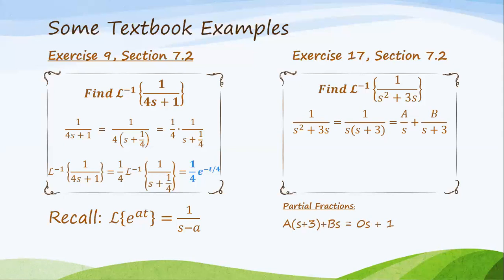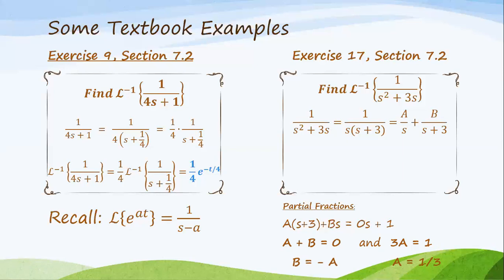And then equating the coefficients, we know that A plus B, which is the coefficient of s, has to be 0. And we would know that 3A has to equal 1. Well, therefore, that tells us that B is equal to the negative of A, and that A is 1/3. So therefore, A is 1/3 and B is minus 1/3.